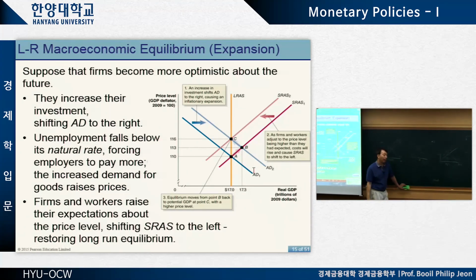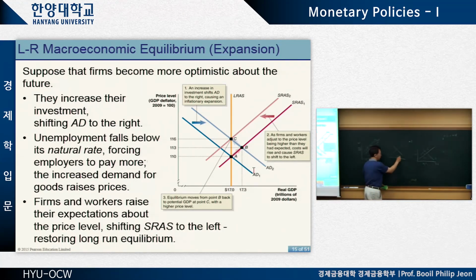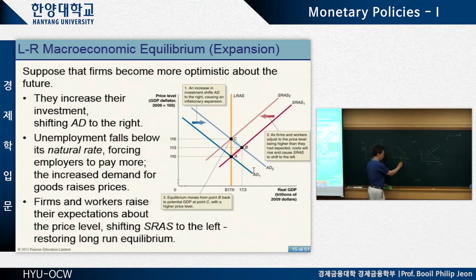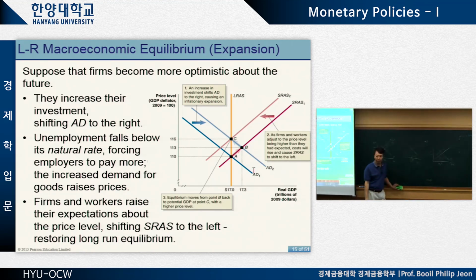And what that means is we have this gap between the potential GDP and actual GDP, what we call the GDP gap. So in that case, we have to do something, because unless we do something, the economy is going to stay there. This is an equilibrium income, which means there will be no further change.